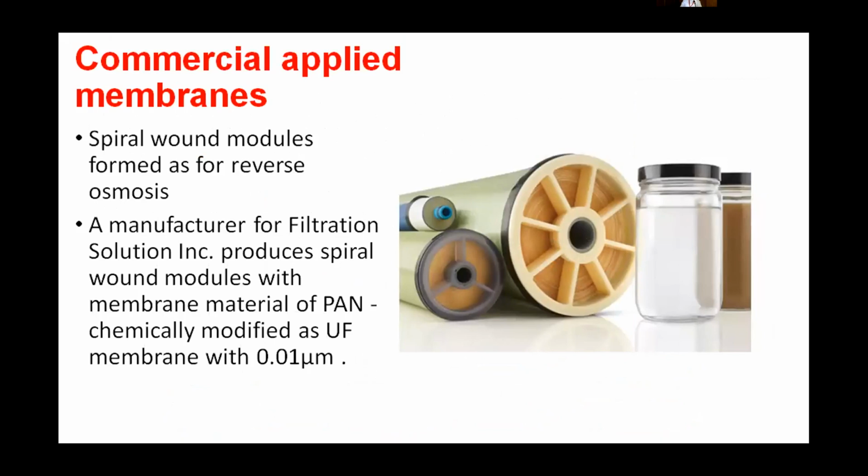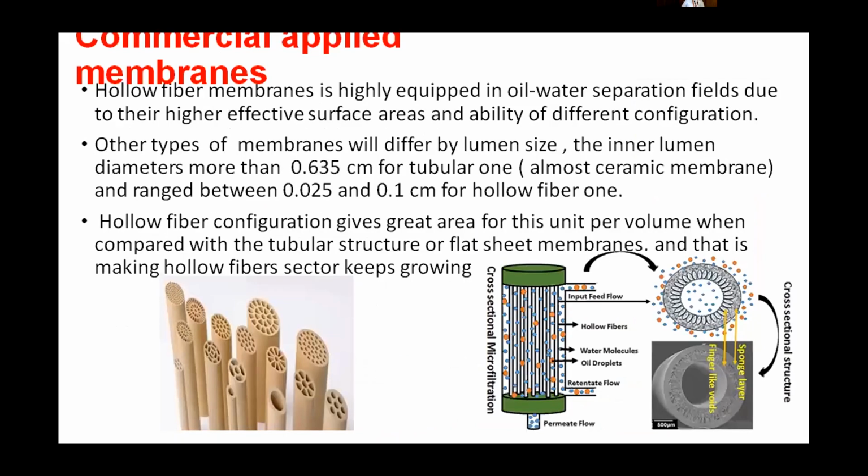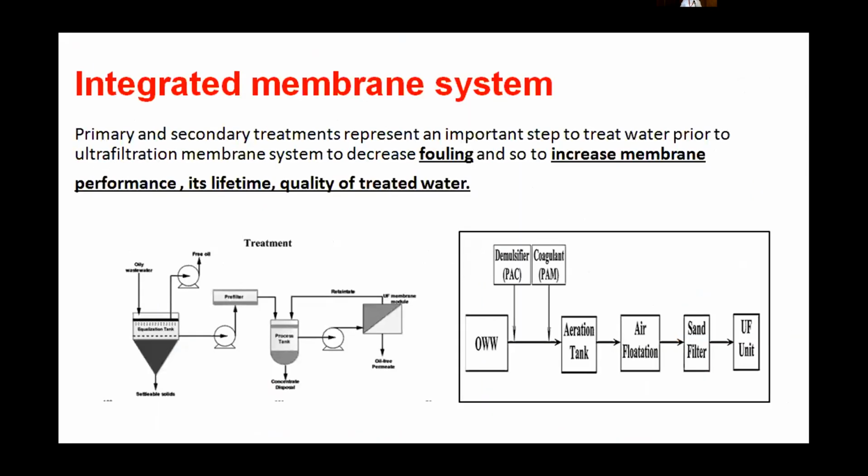Also, there exist some manufacturers of spiral wound, but the more familiar ones to be used commercially are the hollow fibers and the tubular ceramic membranes, which are more familiar to be used with the oil-water emulsions.